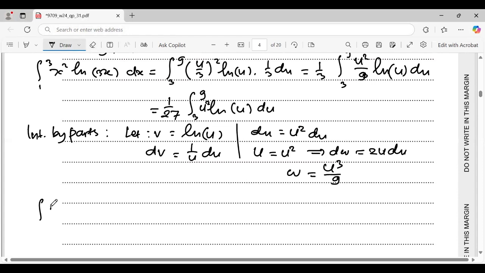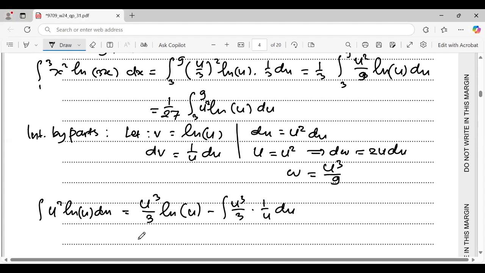Okay, based on this information, we're going to find the integral first. It is u cubed over 3 times ln u minus the integral of u cubed over 3 times 1 over u du.